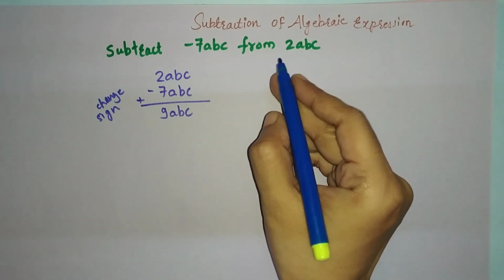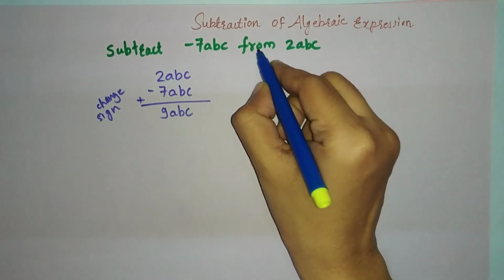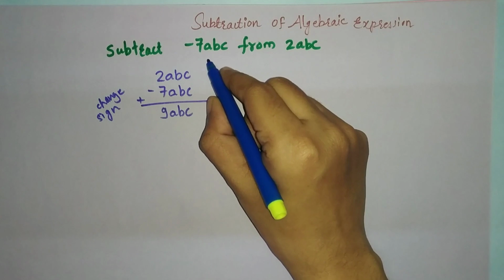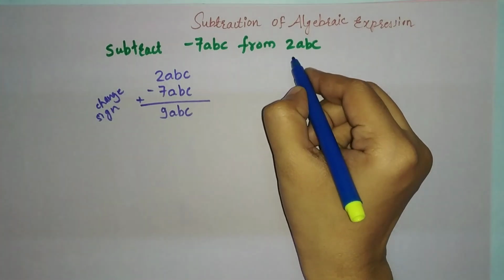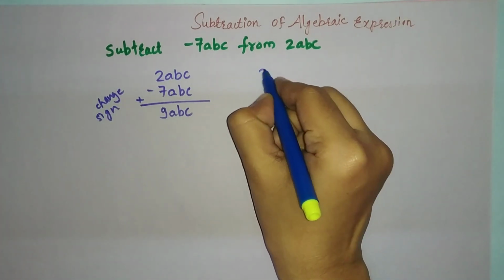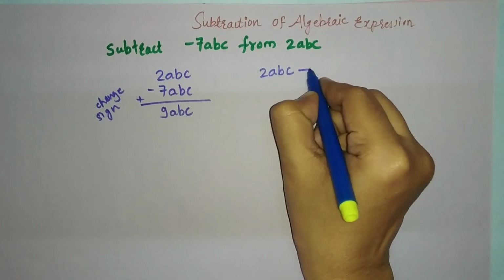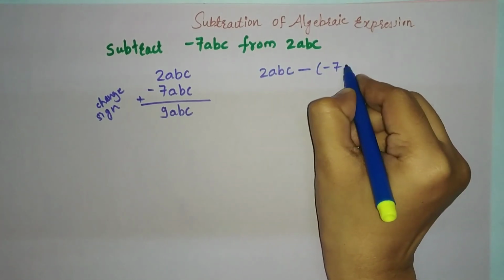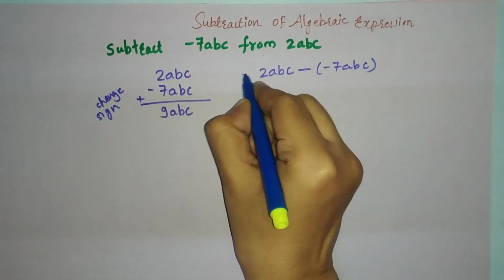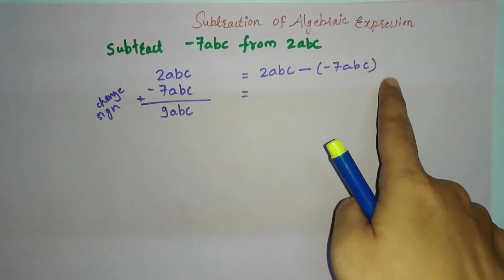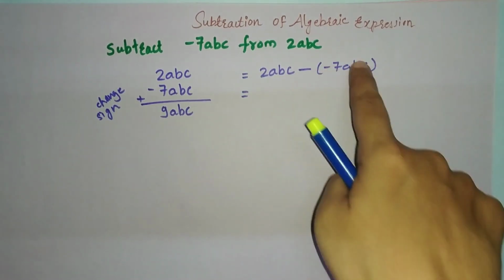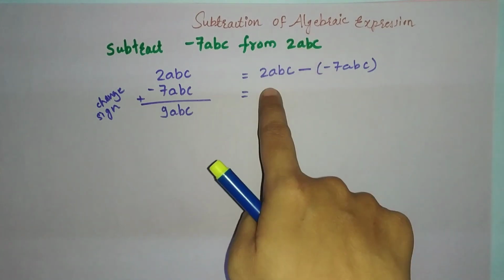If you want to do it in a horizontal way, we can do it here. We need to subtract minus of 7abc from 2abc. So we'll write down 2abc minus of minus 7abc. We have to remove minus 7abc from 2abc.